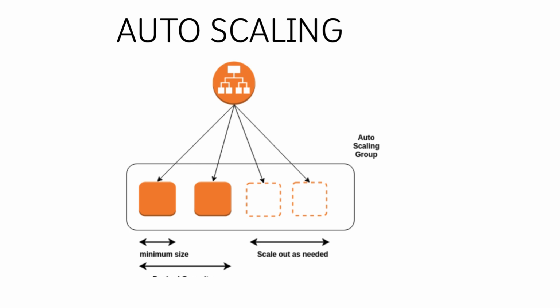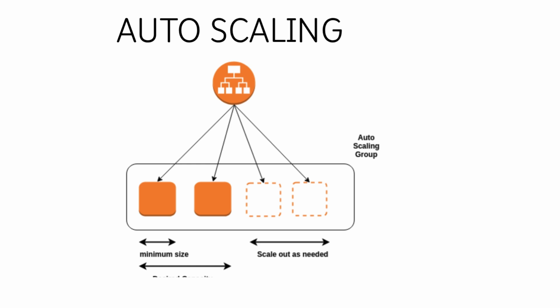Millions of users log in at once, then later drop off, right? Now, auto scaling works by automatically adjusting resources based on demand. It adds servers when traffic spikes and removes them when it drops. That means no downtime and no wasted costs.